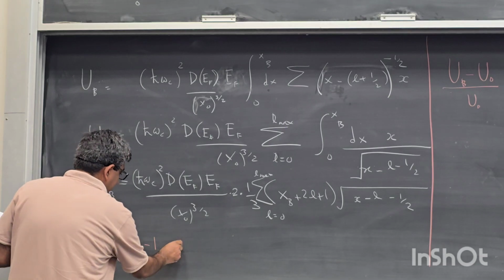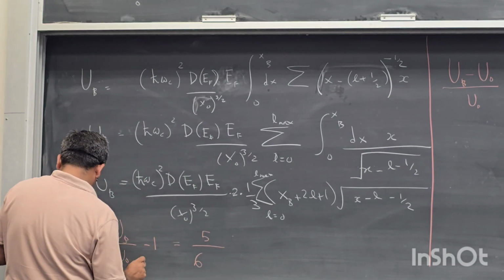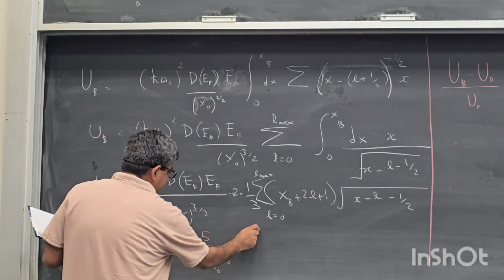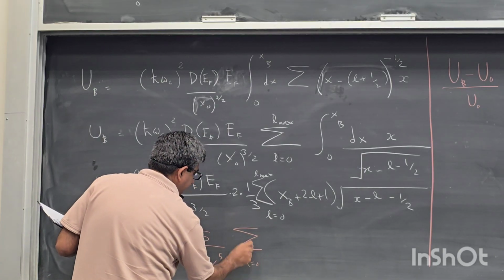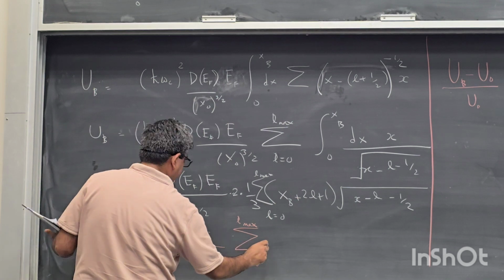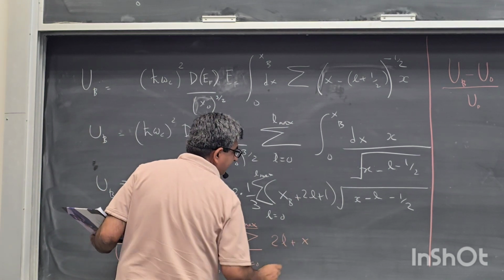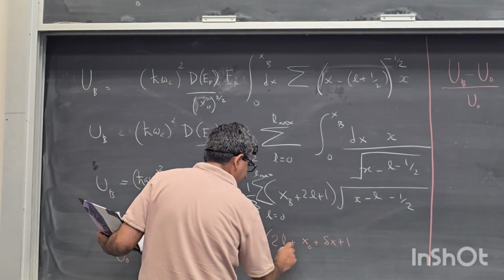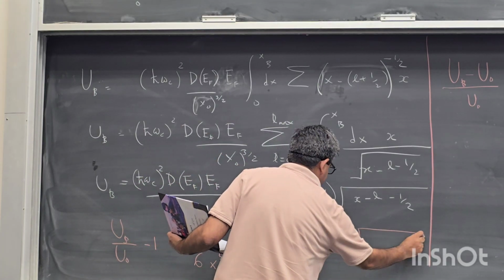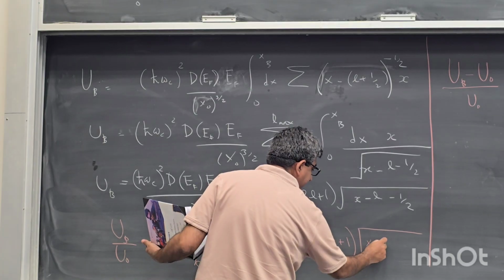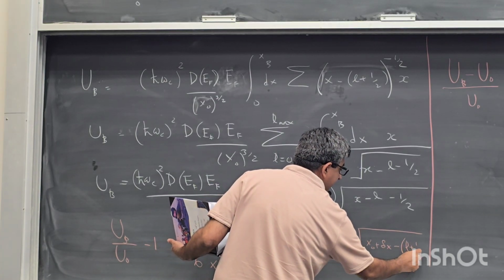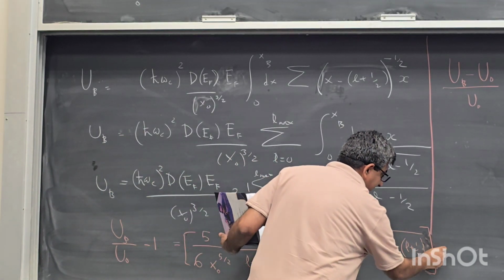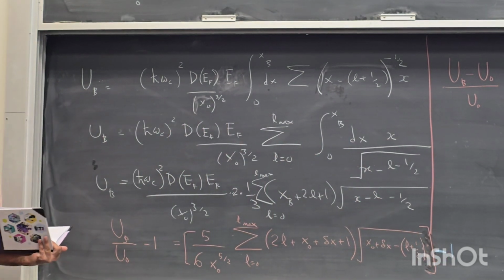It's simply 5 over 6, x naught 5 by 2, L goes from 0 to L max, 2L plus xb, which is x naught plus delta x, which I've already calculated, plus 1, x naught plus delta x minus L plus half, all of this minus 1. So this is my fractional change in energy.